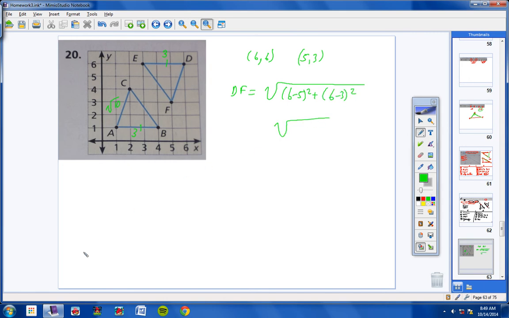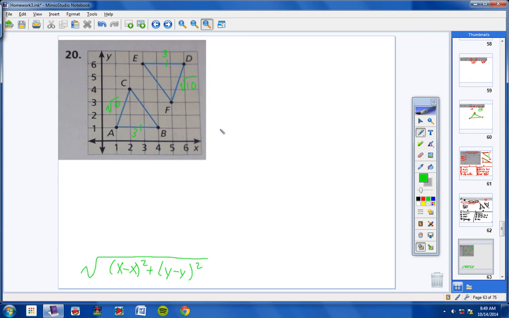I better pause and come down here. Guys, you remember the distance formula? X minus x, quantity squared, plus y minus y, quantity squared. Okay? All right. So 6 minus 5 is 1, 1 squared is 1, 6 minus 3 is 3, 3 squared is 9, and we get square root of 10. All right? So there we go. Cruising right along. All right?